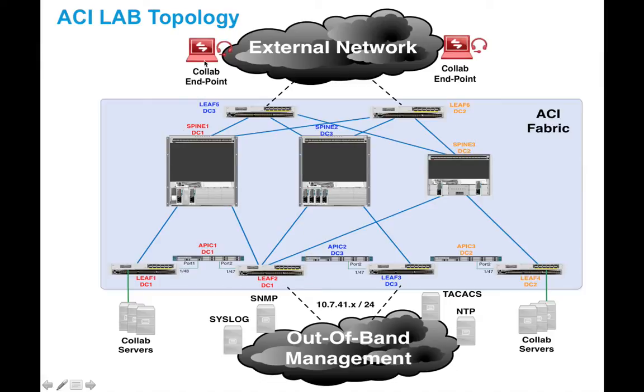I have also configured two collaboration endpoints connecting through an external network to these collaboration servers being hosted within the ACI fabric to ensure that my ACI fabric is working and functioning properly.